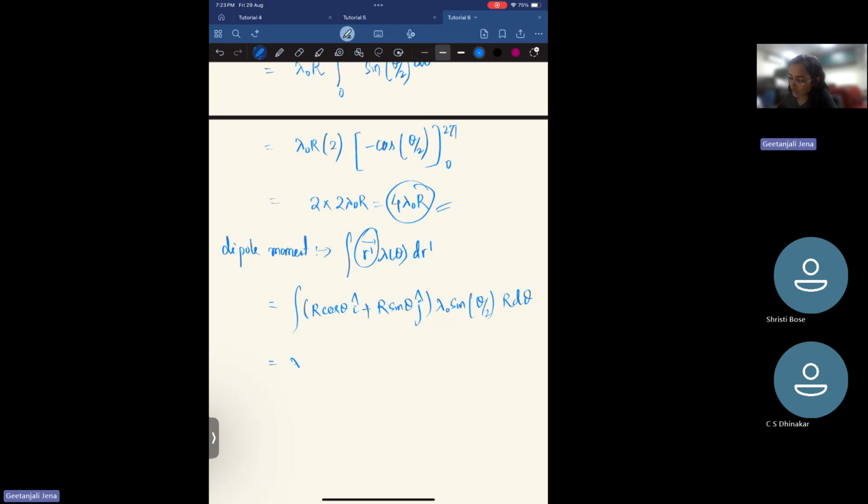So we'll get lambda 0 R square integral of cos theta sin theta by 2 d theta i cap plus j cap sin theta by 2 d theta.